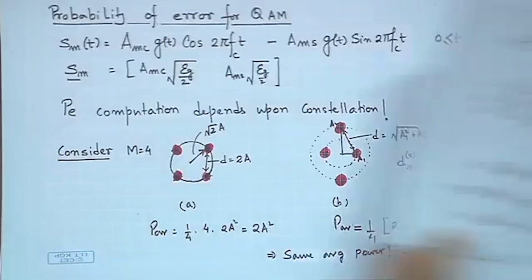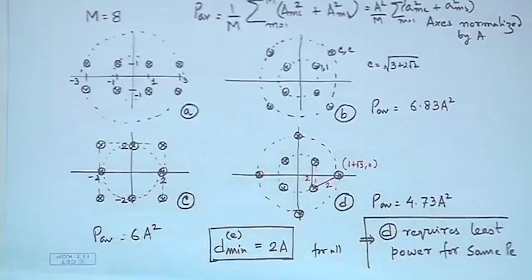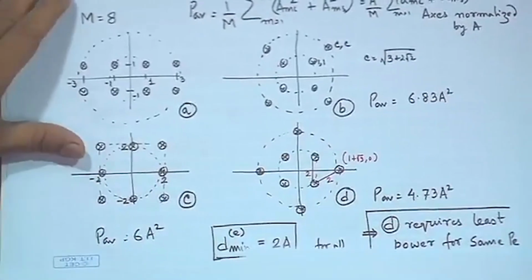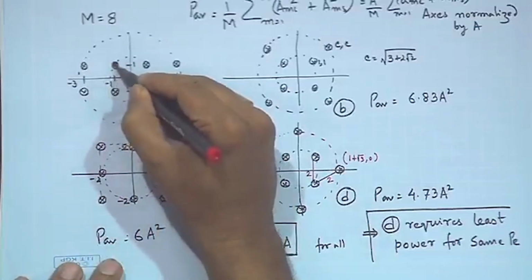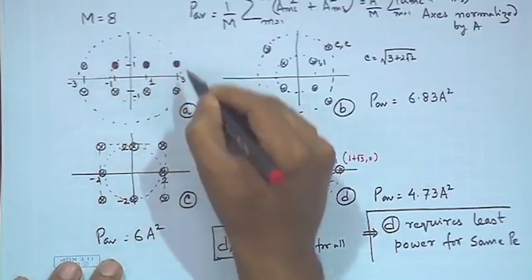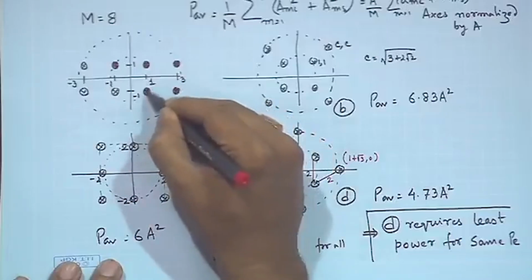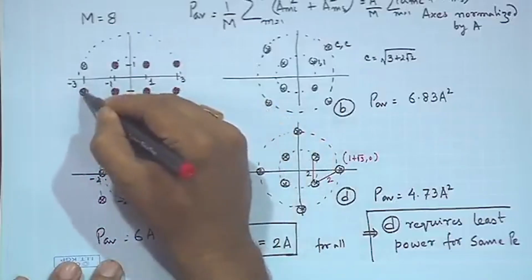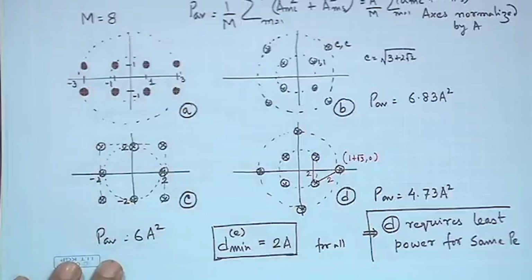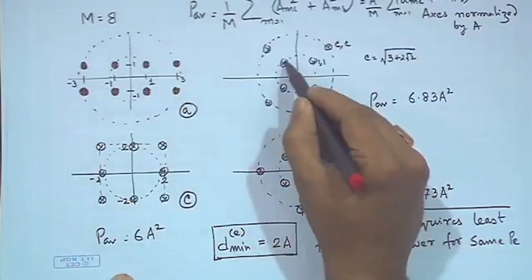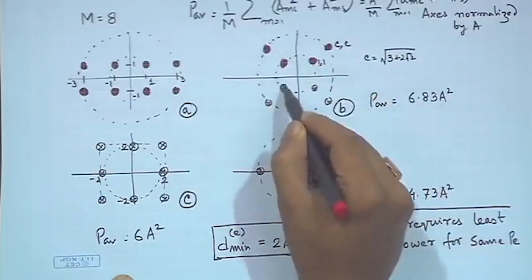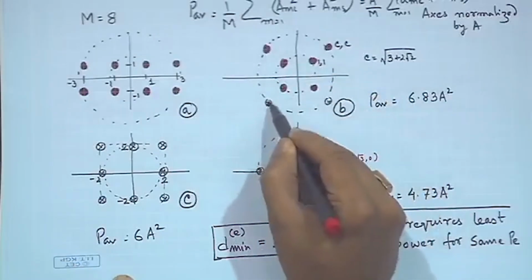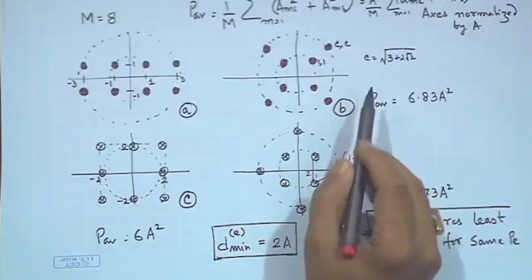Moving ahead, let us take the situation for m equals 8. In the case of m equals 8, we have an example where this particular one is one constellation configuration, right. Another constellation configuration is this one, and I am marking the constellation points with red, and they have been labeled.